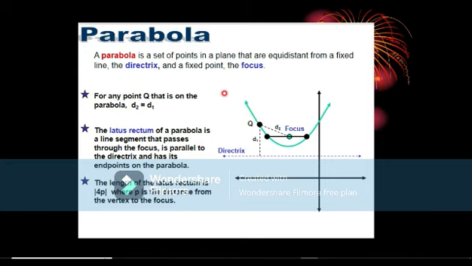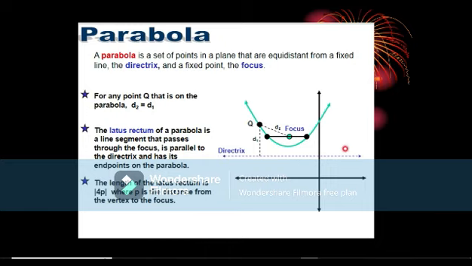concepts regarding parabola. Now, a parabola is a set of points in a plane that are equidistant from a fixed line, the directrix, and a fixed point, the focus. So for any point Q that is on the parabola, take a look at this graph. This is the Cartesian plane and you have here the parabola.